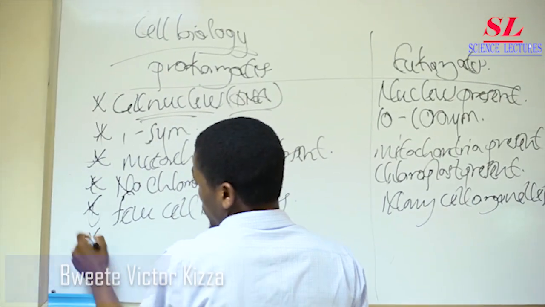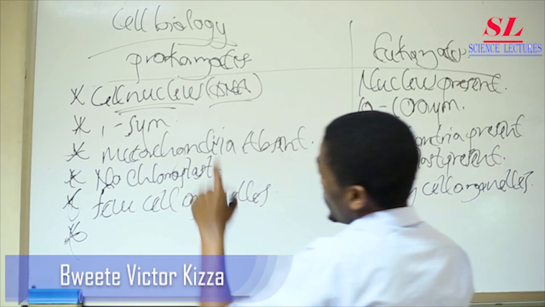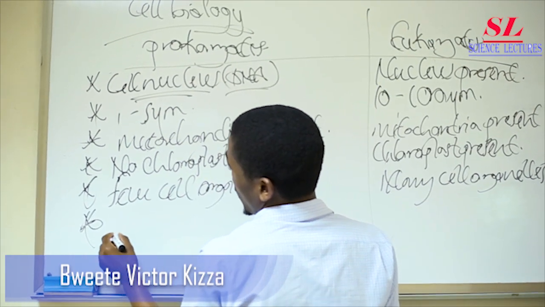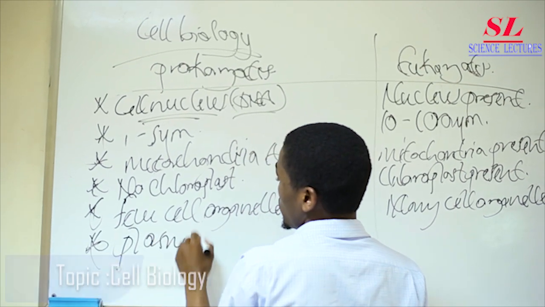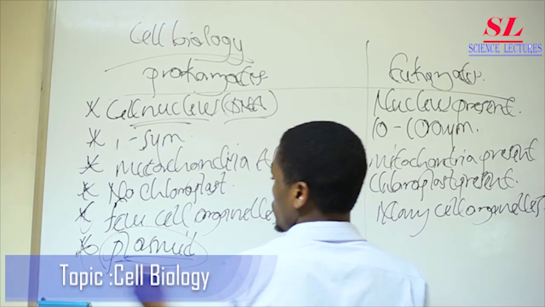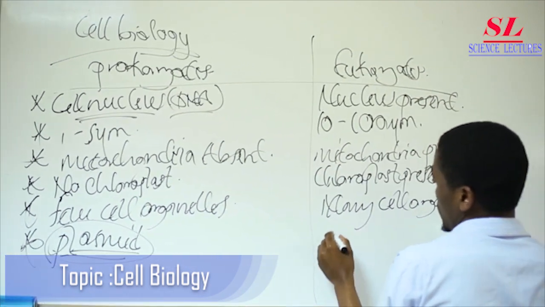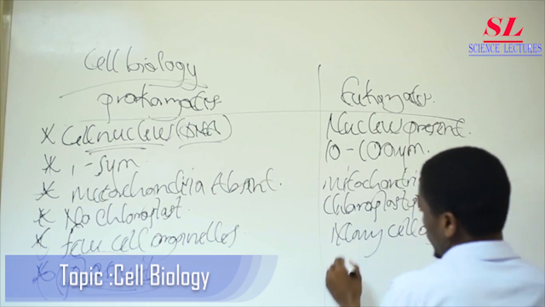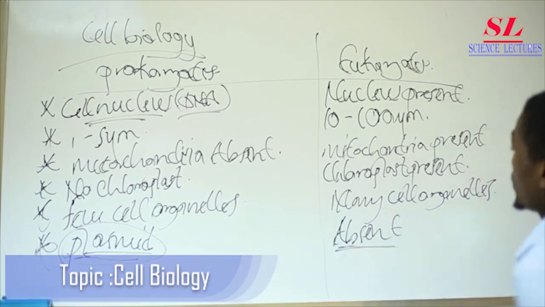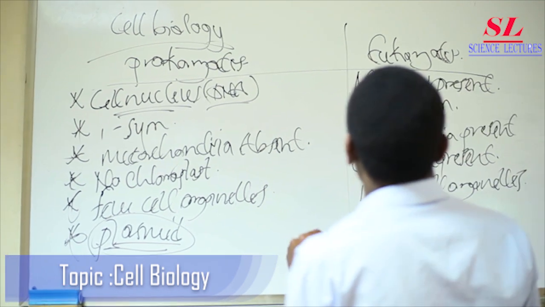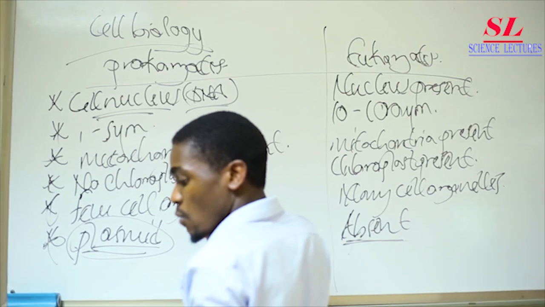Then prokaryotes will possess what we call a plasmid. A plasmid is present in some of the prokaryotes, but in eukaryotes the plasmid is not present. So this one is absent in the eukaryotes. So these are some of the basic differences between the prokaryotic cell and the eukaryotic cell.